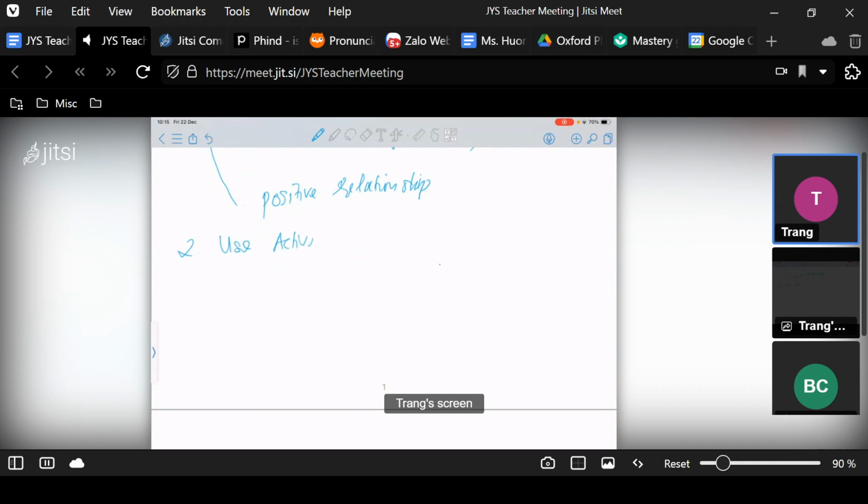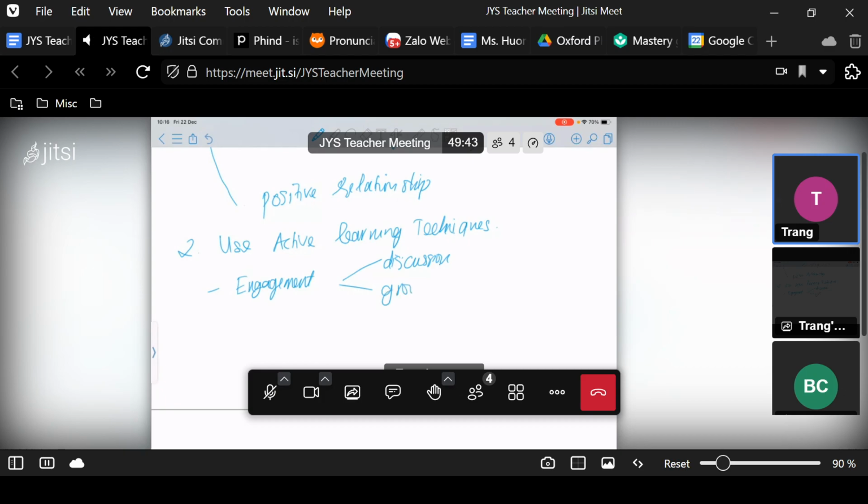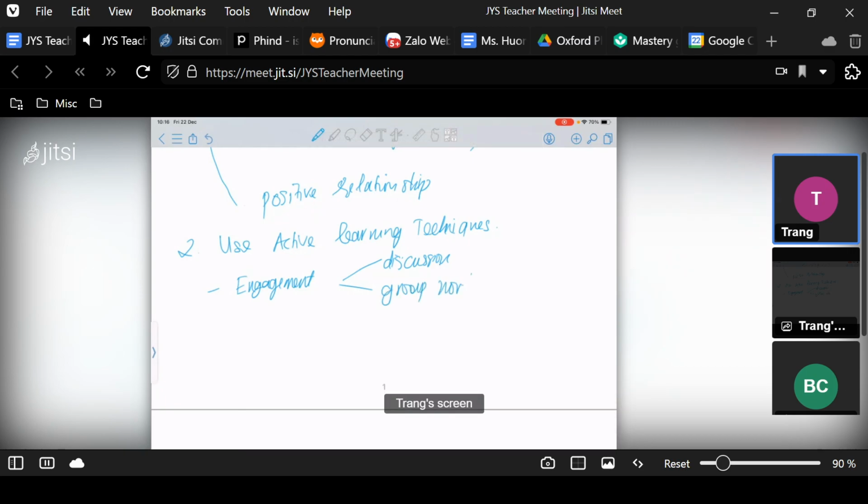This is the first thing, and the second thing I want to share is that we have to use active learning techniques. So what are active learning techniques? We have to encourage students to engage through activities like discussion, group work, and hands-on projects.